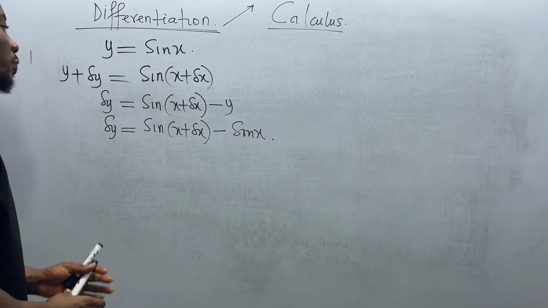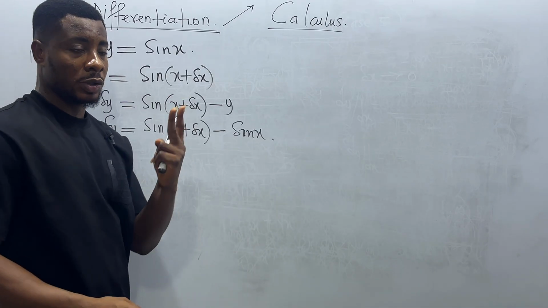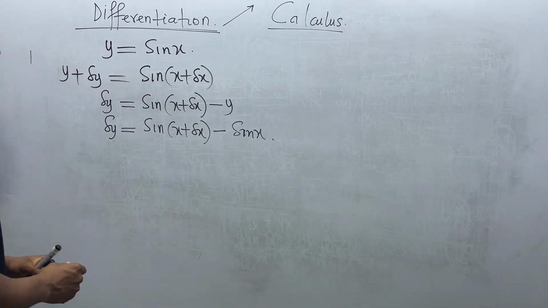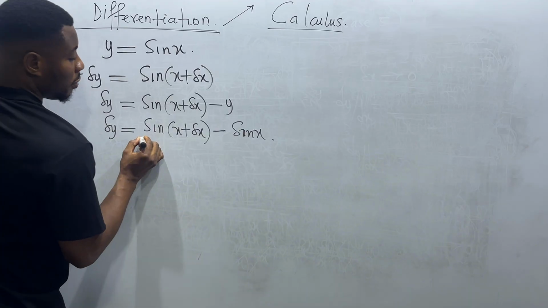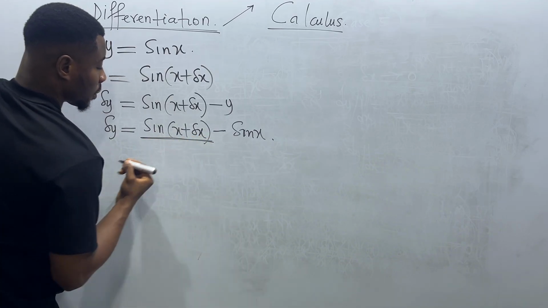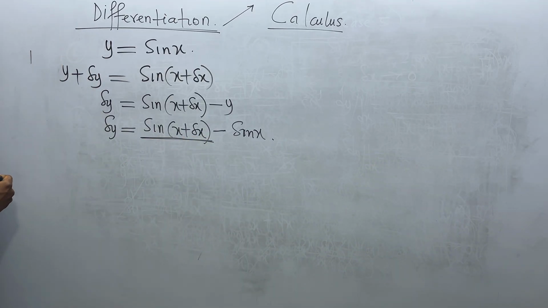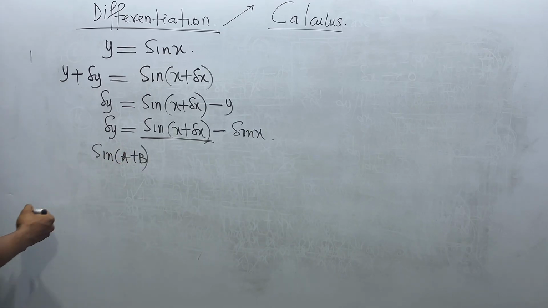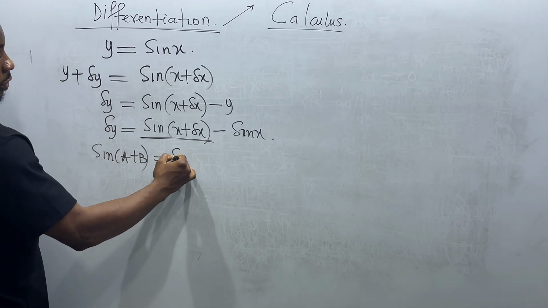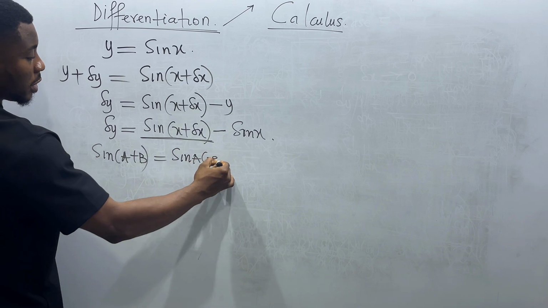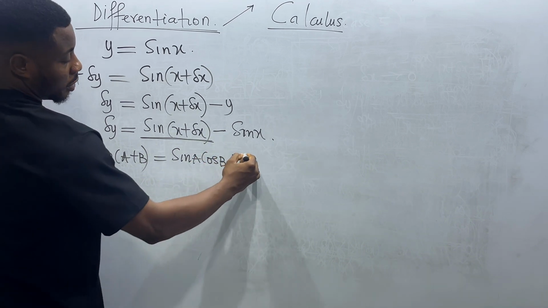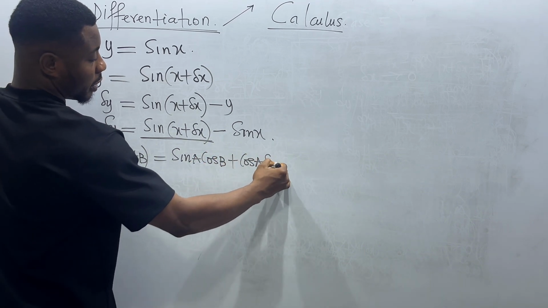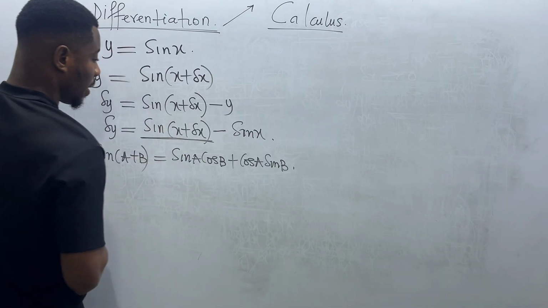Okay, now I'm going to show you from this particular place two methods to go with. We could decide to use the trigonometric identity. Remember that sine of a plus b is equal to sine a cos b plus cos a sine b. So let's do the same thing here.